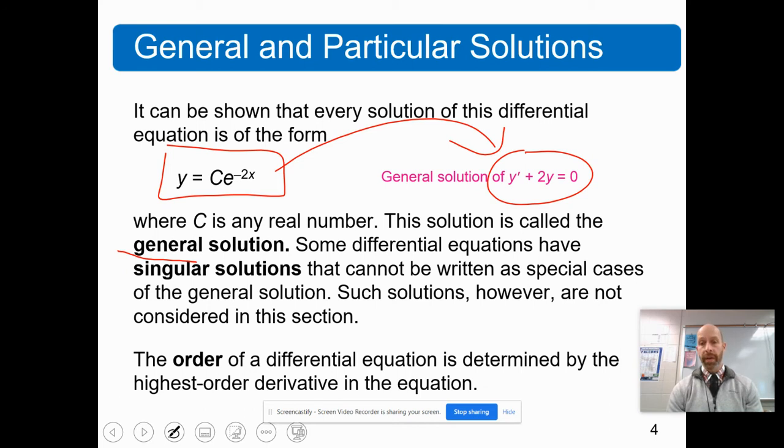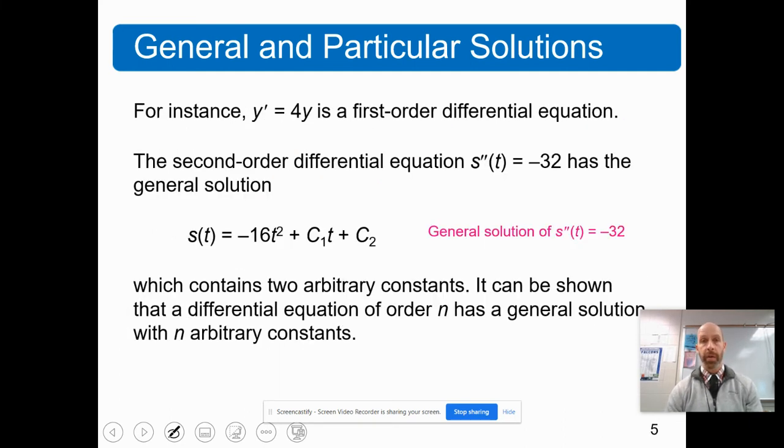The order of the differential equation is determined by the highest order derivative in the equation. So, for example, this differential equation that we're talking about up here is a first order differential equation. Here's another example. y prime equals 4y is a first order differential equation. Here is a second order differential equation. s double prime of t is equal to negative 32.